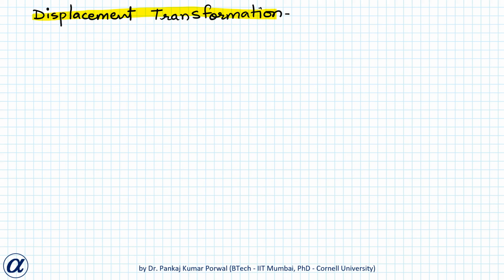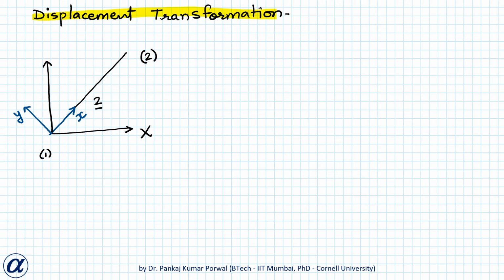So let's take the example of member number 2 again. It lies between node number 1 and node number 2, and the local coordinate system for this is x along the member and y perpendicular to the member, and the global coordinate system has x-axis which is horizontal and y-axis which is vertical.